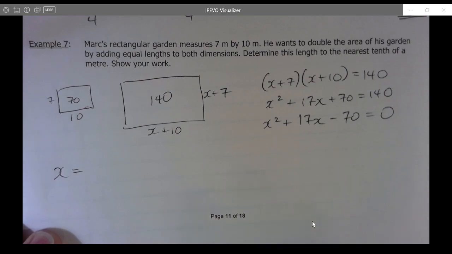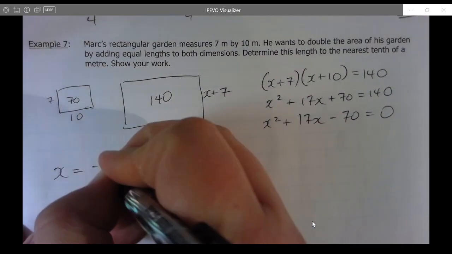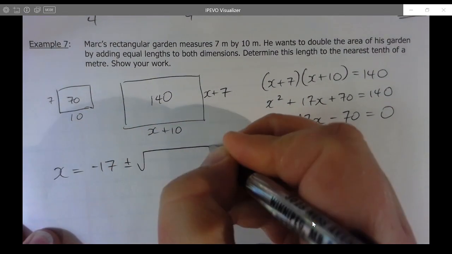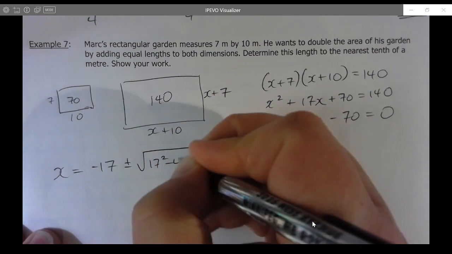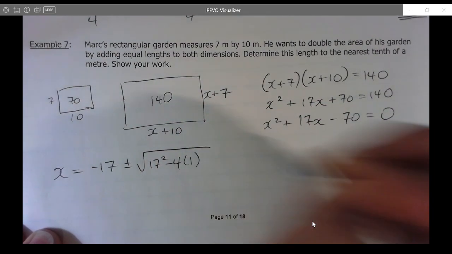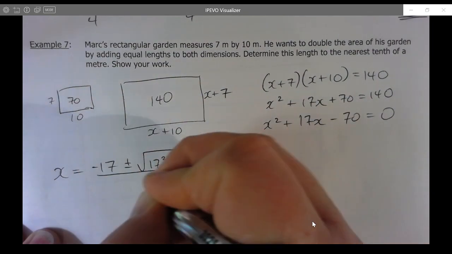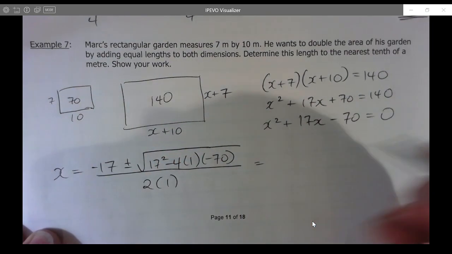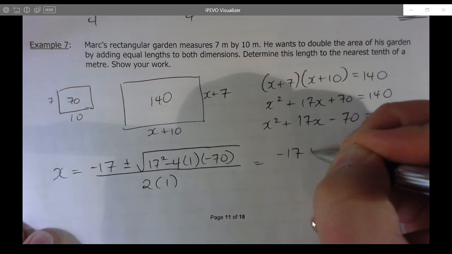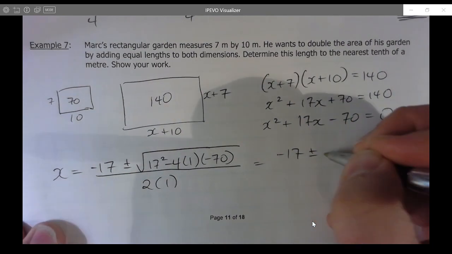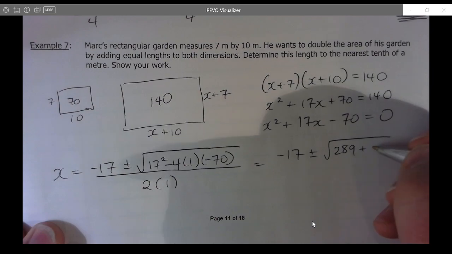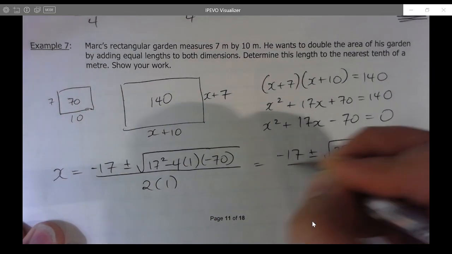So x is equal to minus the b plus or minus the square root of b squared minus 4ac all over 2a. So that's negative 17 plus or minus, 17 squared is 289, I think. And 4 70s would be 280, but it's a plus because the two negatives cancel, all over 2.